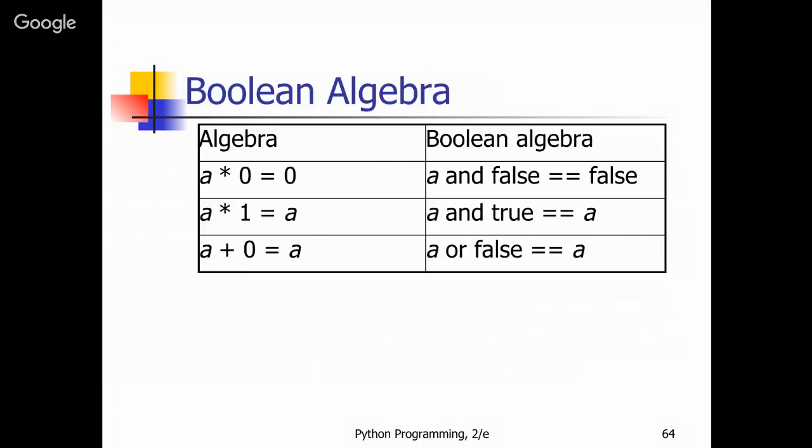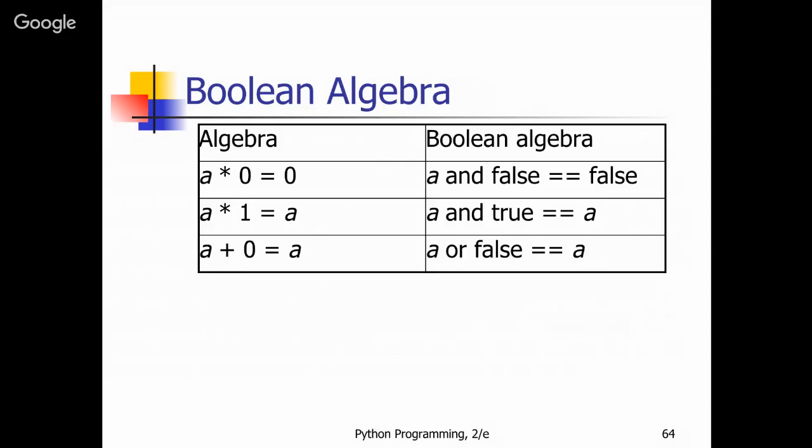So for example, if you have A, in math we have A times 0 is 0, A and false is equal to false. The other thing I haven't told you yet is that in Python, 0 is also a way to represent false. 1 and any number greater than 1 will always evaluate as Booleans as well, and they're going to evaluate as true.